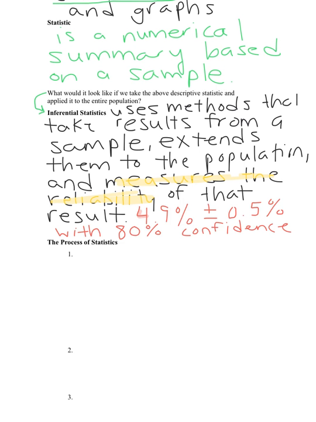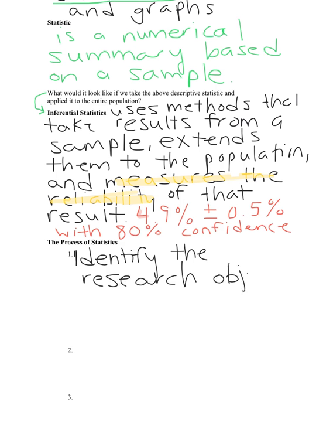Okay, so let's summarize. This example laid out the process of statistics. The first is that very first question: how many teenagers have been prescribed medication? So we first identify the research objective. What question do we want answered?